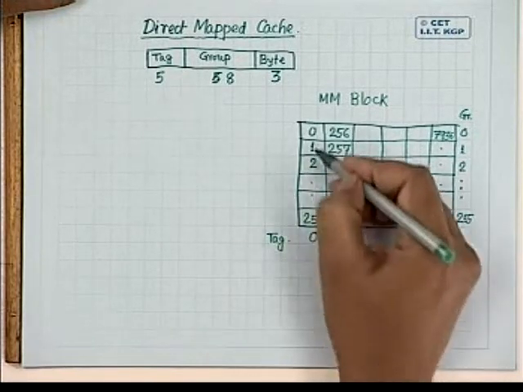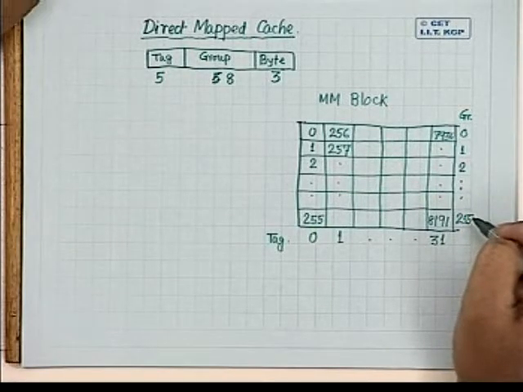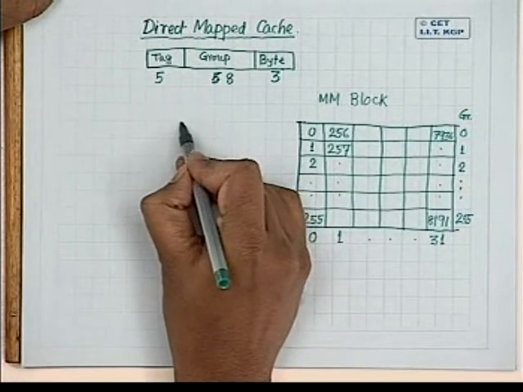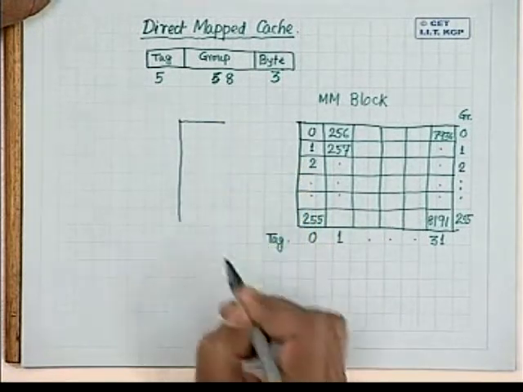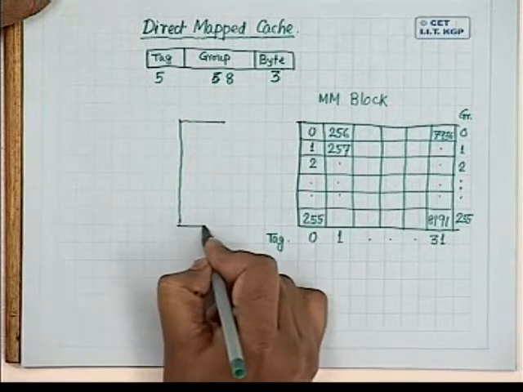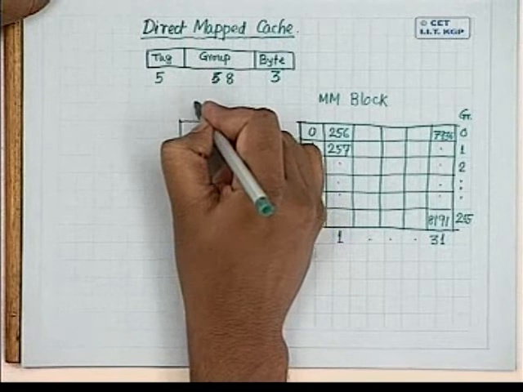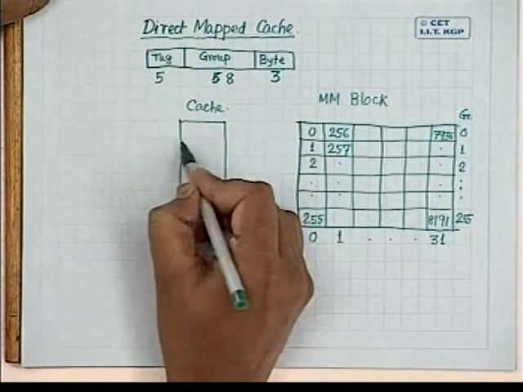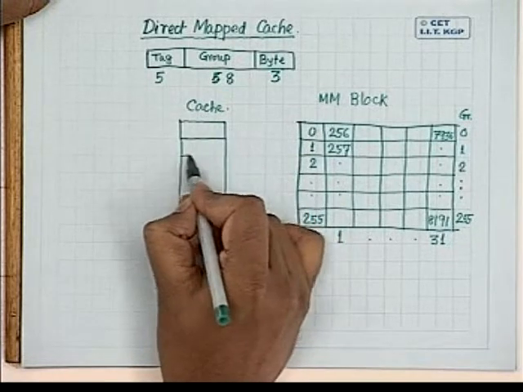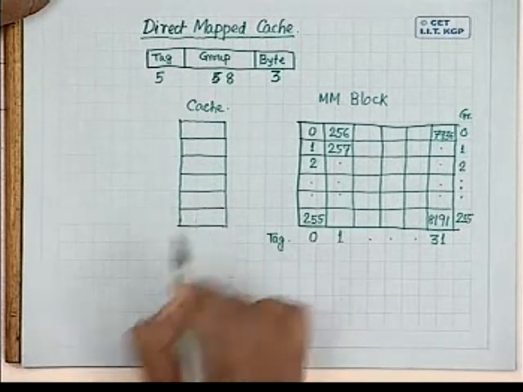Okay. So since I have 256 different groups, I will also have 256 different cache lines in the cache memory. So this is the cache memory, and in cache memory I'll have 256 cache lines. Okay.